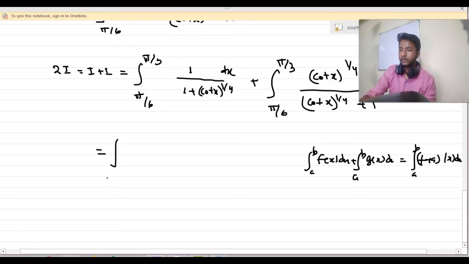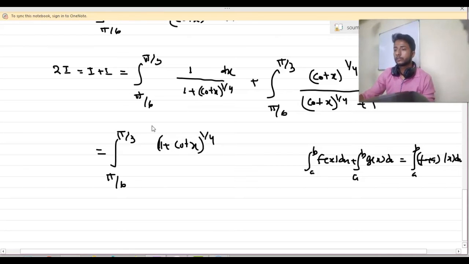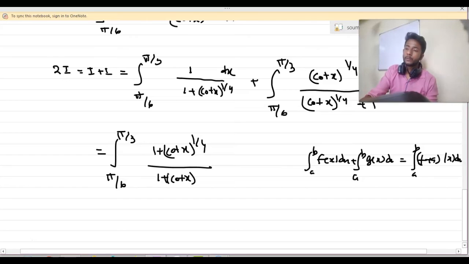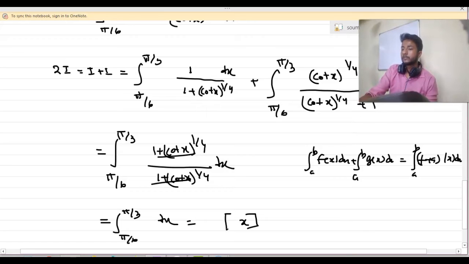I can write this as integration pi by 6 to pi by 3 of (1 plus cot x) to the power 1 by 4 divided by (1 plus cot x) to the power 1 by 4 dx. So this is integration pi by 6 to pi by 3 dx, which is x with upper limit pi by 3 and lower limit pi by 6.